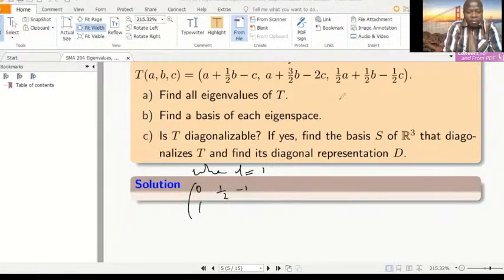Subtract 1 from 3 out of 2: that's 3 out of 2 minus 1, the same as 3 minus 2 out of 2, which is a half. And this is negative 2. Let's come to the last row, which is a half, a half. Subtract 1 from negative a half, so it is negative a half minus 1, and this is the same as negative 3 out of 2.